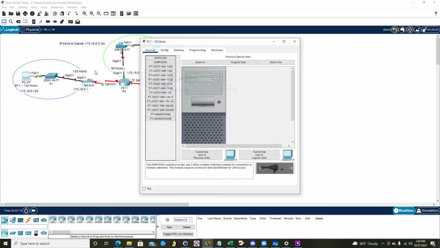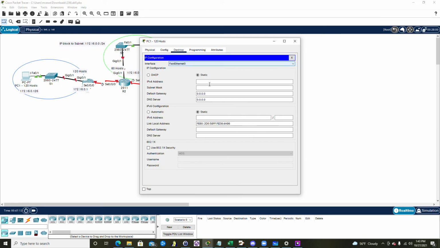Now, the one thing to remember when you're actually setting our static addresses, remember that you're setting up the 126 there. You are configuring the mask, and then you do need to remember to set your default gateway. And remember, your default gateway is the router. So it's the doorway out of your LAN.